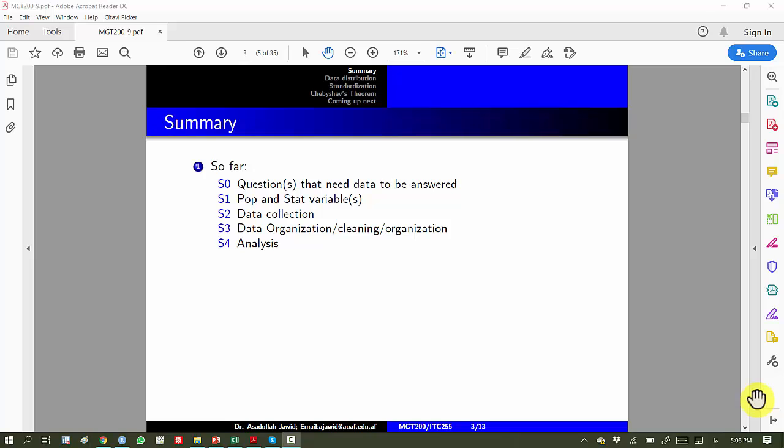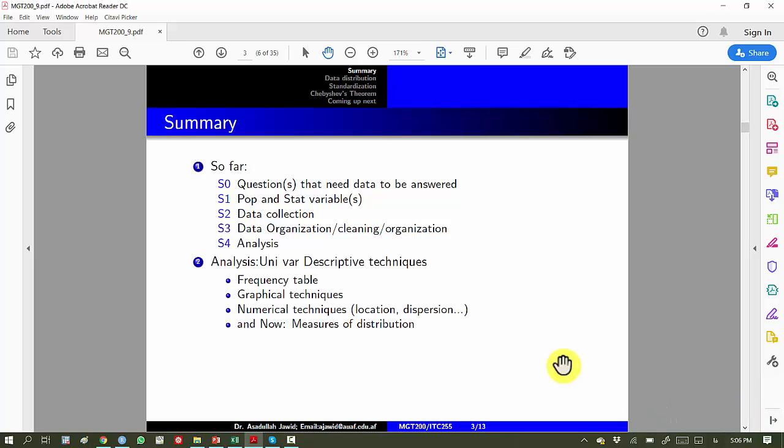In the analysis step, so far we have seen univariate descriptive techniques such as frequency tables, graphical techniques, and numerical techniques. In numerical techniques, we have seen a set of numerical techniques to find the location of different critical observations, such as the center.